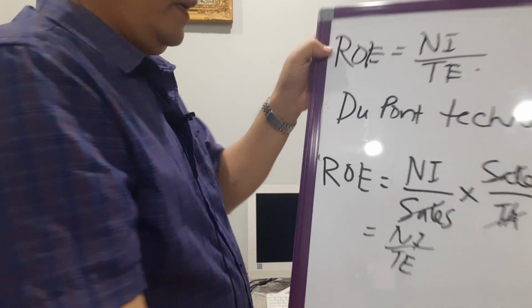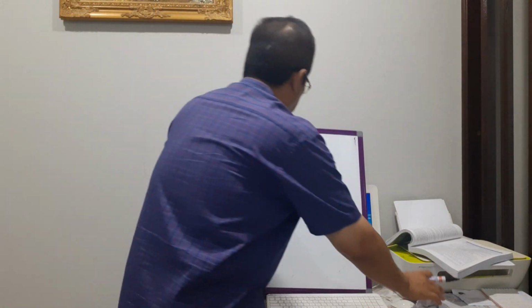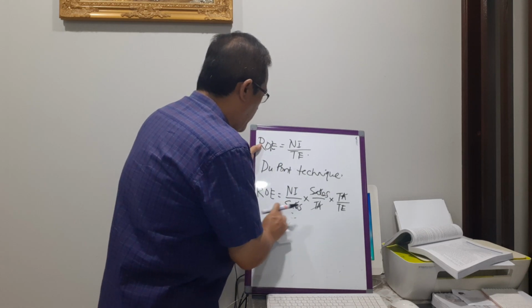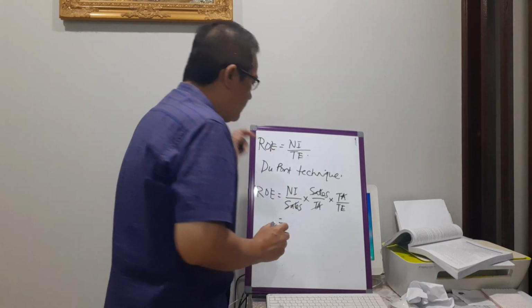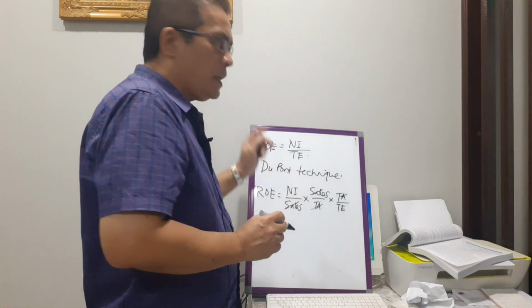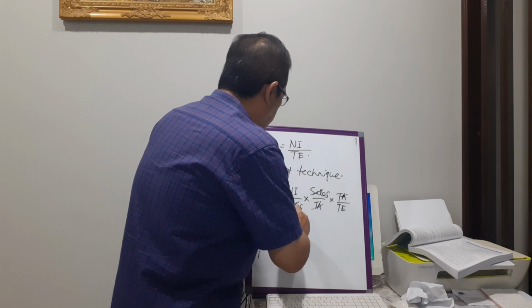The formula of net income over sales is also known as net profit margin.